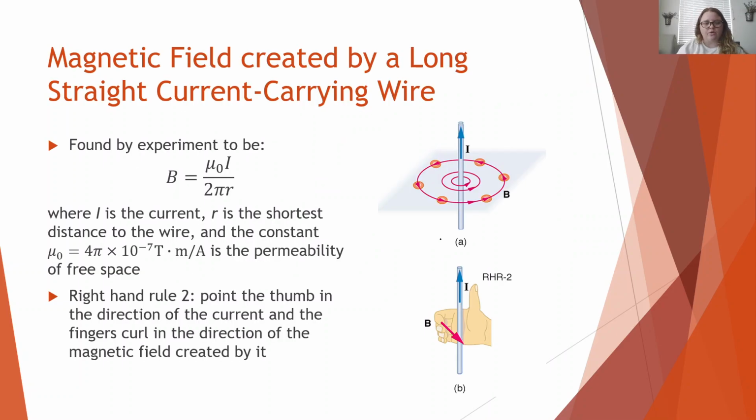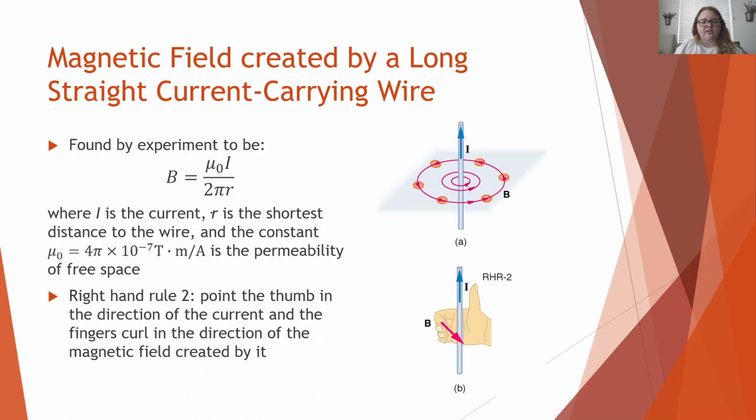All right, so let's go ahead and continue talking about the magnetic field created by a long, straight current carrying wire. So we have a current just in one direction on a wire. Okay, so we're not worried about loops yet. It was found by experiment to be equal to mu naught times I, the current, divided by 2 pi times r, that distance.